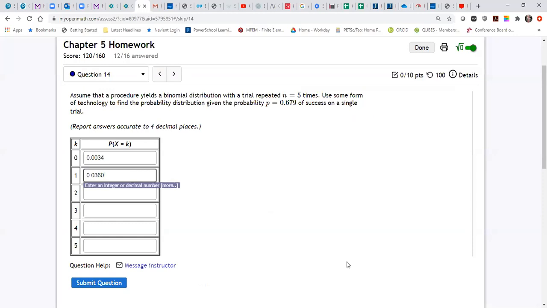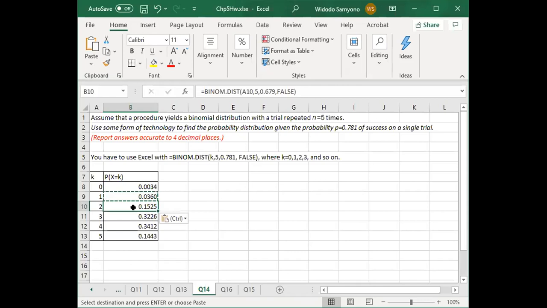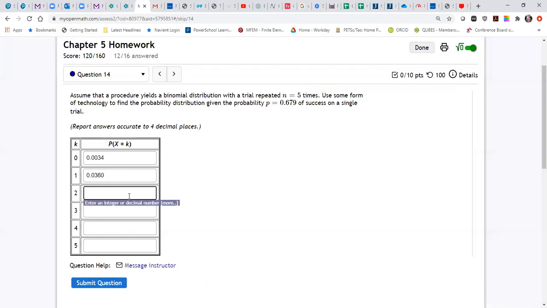Go back to the Excel again, copy. Okay, so then that one, this one, right? Copy, and paste it here.